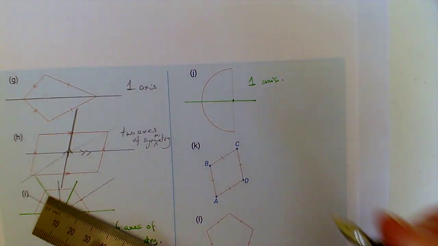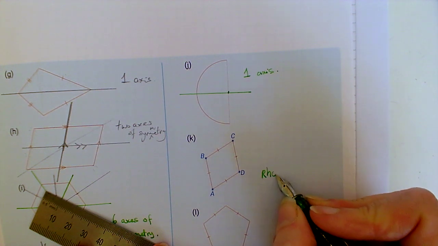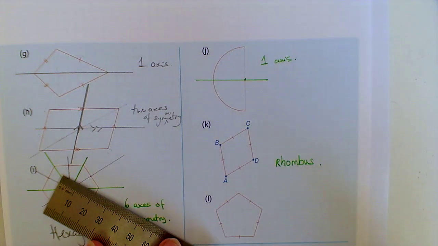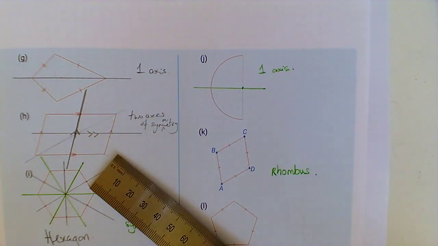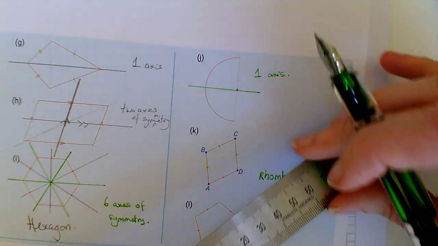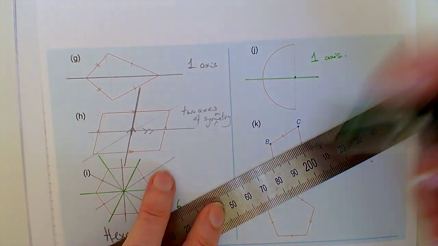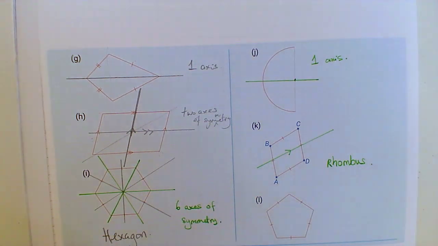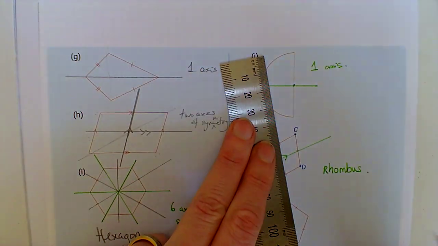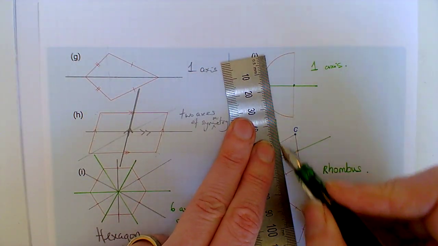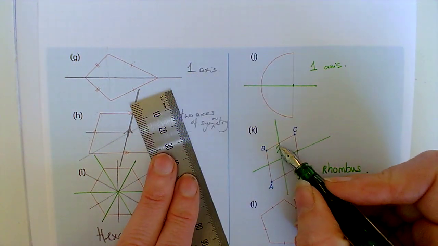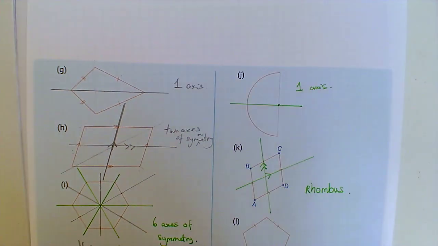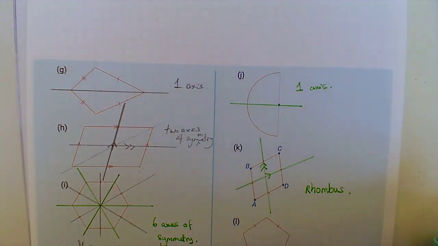This is what's called a rhombus. So a rhombus is a parallelogram where all 4 sides are the same length. Because it's a parallelogram, what we did to the parallelogram before can be done again. So I can do the line parallel to that side and the line parallel to this side. Okay, so what about joining the vertices?